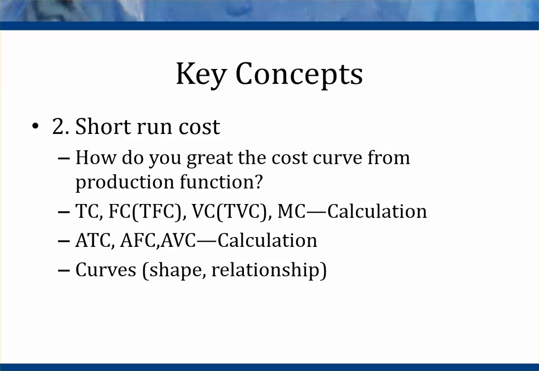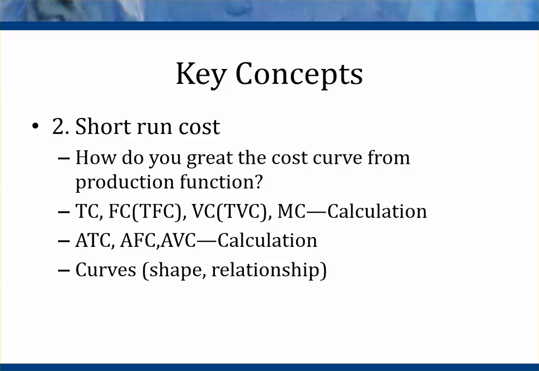And we will learn different kinds of cost: total cost, TC; total fixed cost, FC; variable cost or total variable cost, VC; marginal cost, MC; ATC, the average total cost; AFC, average fixed cost; and AVC, average variable cost.